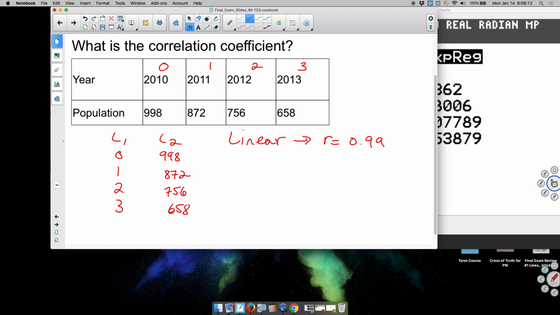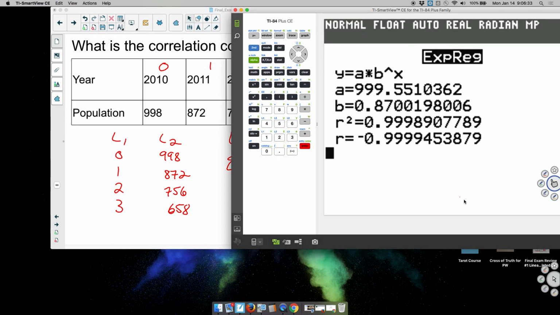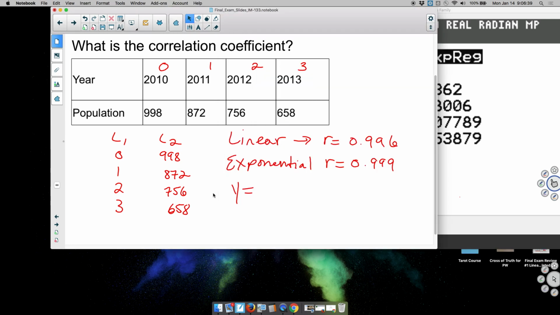Yeah, 0.996. And then for exponential, R was 0.999. So we're going to go with exponential because it's higher. And so our function was y equals 999.55. We'll call that 999.6.